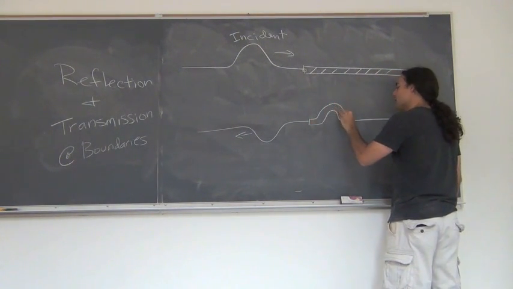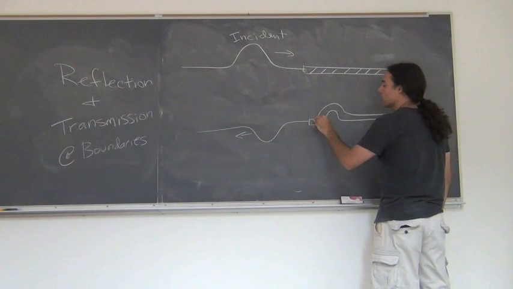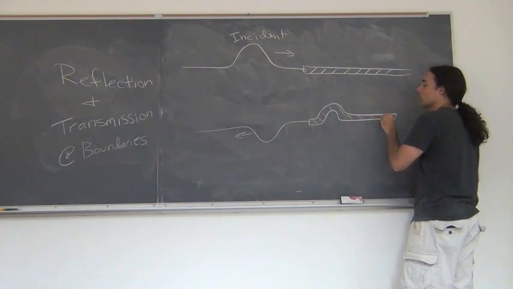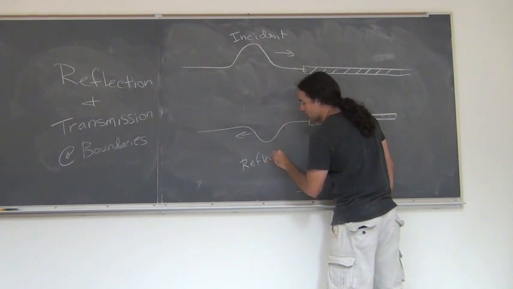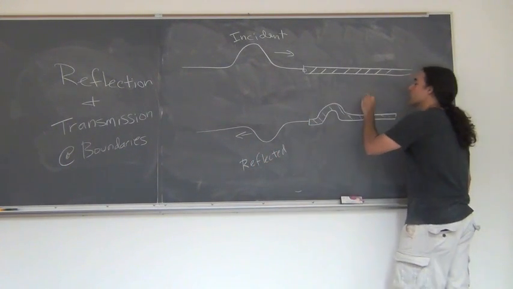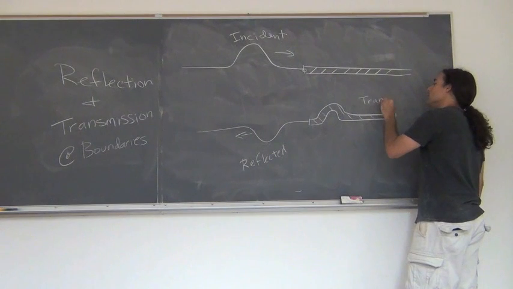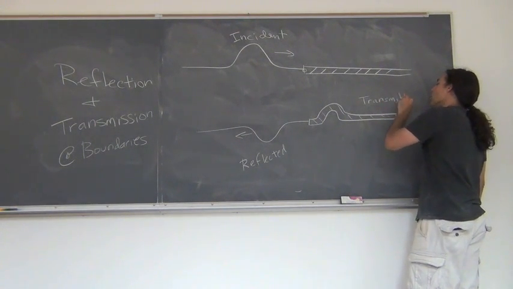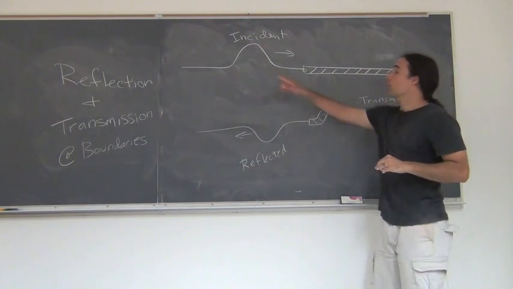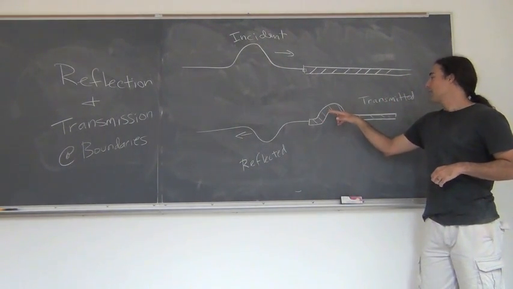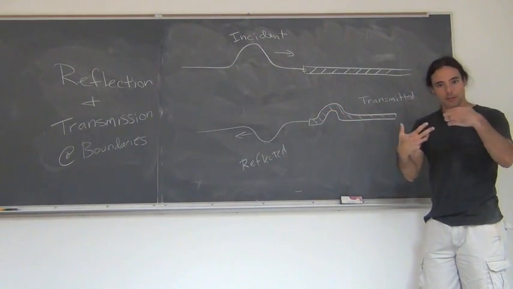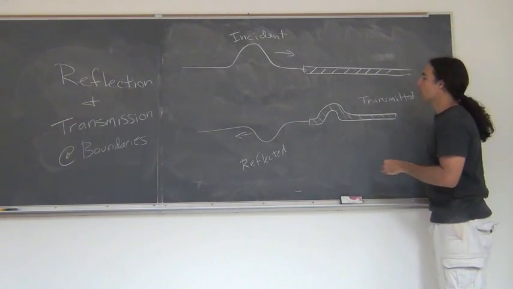And the heavier wave, the transmitted wave, so we'll call this the reflected wave, call this the transmitted wave. Well, just by virtue of the fact that this one was polarized so that it was pointing up, I know the transmitted wave also has to be pointing up.